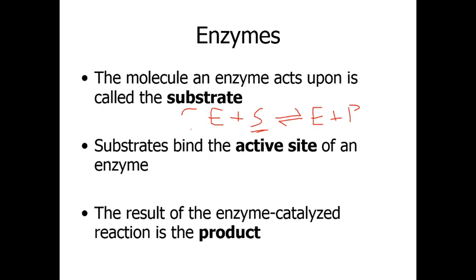The result of the enzyme-catalyzed reaction is the product. P, as I said, is the product and S is the substrate. And E is the catalyst.